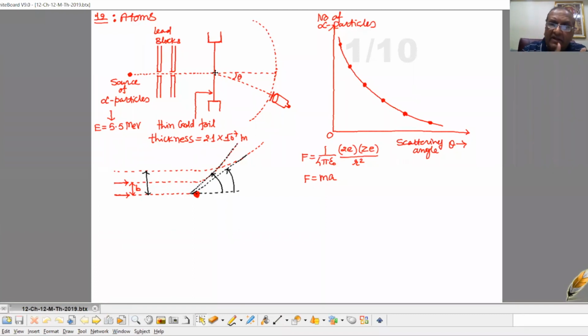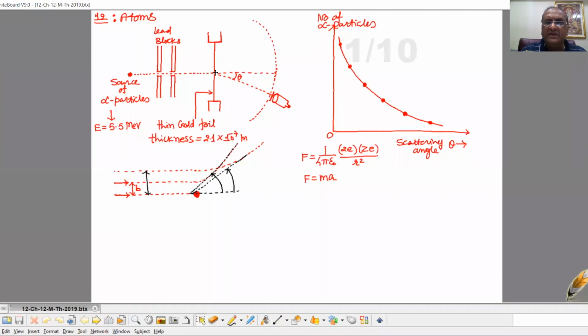And when helium possesses 2e unit positive charge and experiences the large repulsive force, it implies that it is not able to penetrate the atom during this head-on collision, meaning almost the entire mass of the atom is concentrated in a small tiny region at the center of the atom.